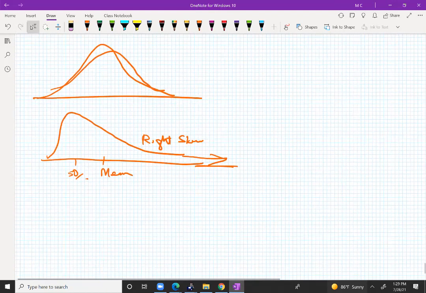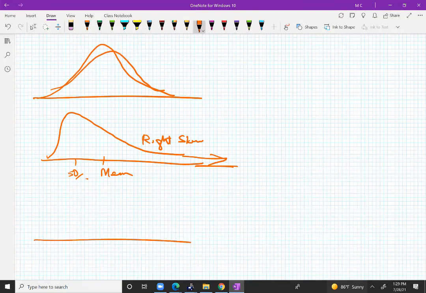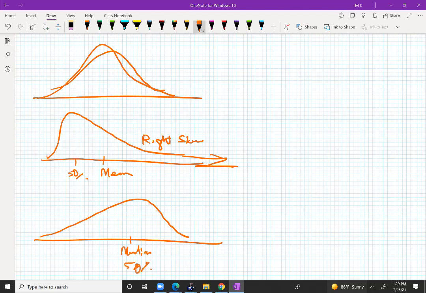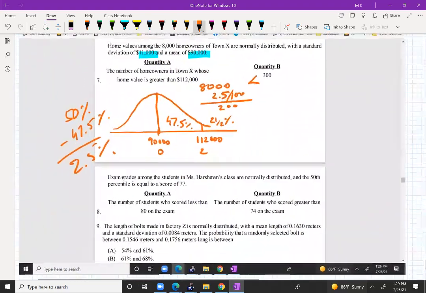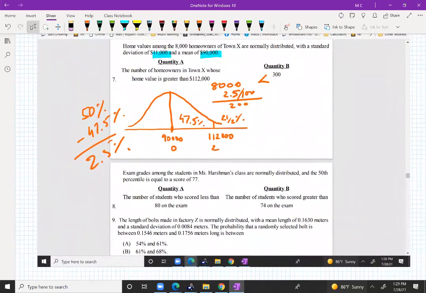Or the other way, say the life expectancy of all your friends: if somebody dies early by accident, by himself he is going to bring down the average a lot. So the median is going to be high because most are around the 50th percentile, but the mean is going to be lower than the median. One person can bring it down a lot. That's how you can see the relationship. You'll need this in your master's probability statistics class also.